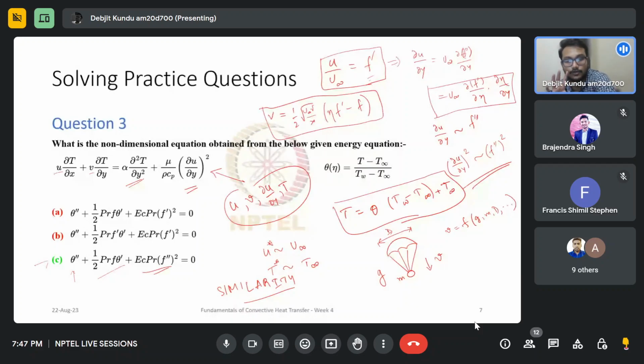To ensure all that, I can bring this down to some non-dimensional form, like Reynolds number equal to some function of some other numbers, which I'll call pi 1, pi 2, and so on. This is what we learned in the Buckingham pi theorem. Once I get this form, it doesn't matter whether I'm doing the experiment here on Earth or on Mars. If I keep these non-dimensional numbers the same, it would mean the exact same thing.